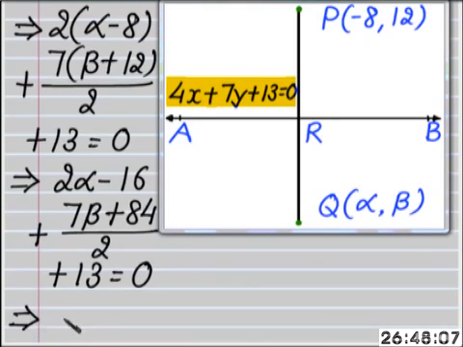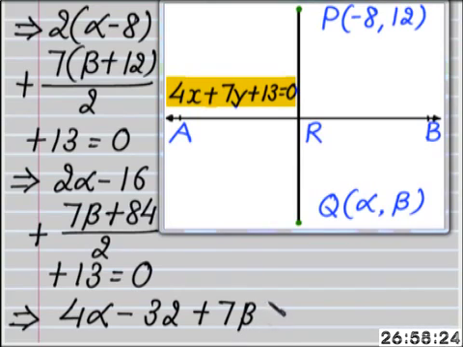Further implies 4 alpha minus 32 plus 7 beta plus 84 plus 26 is equal to 0.